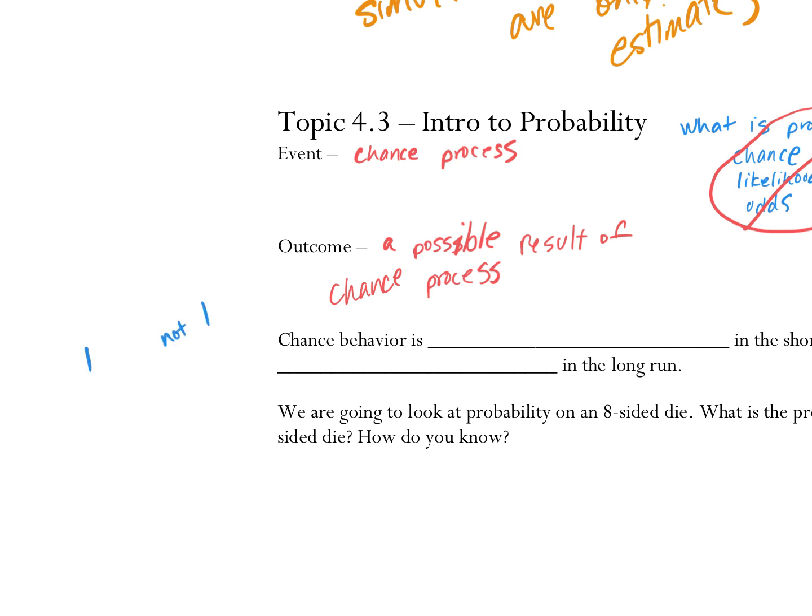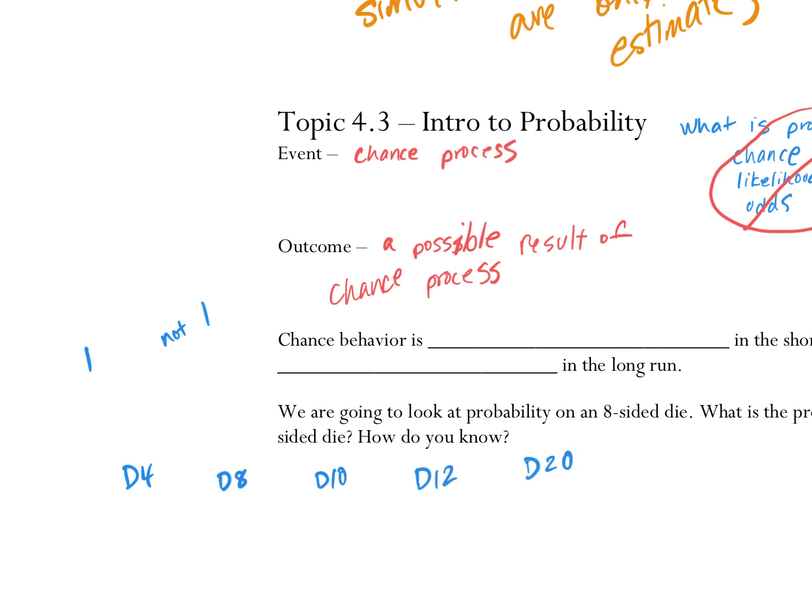Now, whose dice has the highest probability of being a 1, or which of the dice? We had a D4, right? Okay, and we have a D8. We have a D12 or a D10, D12, D20.